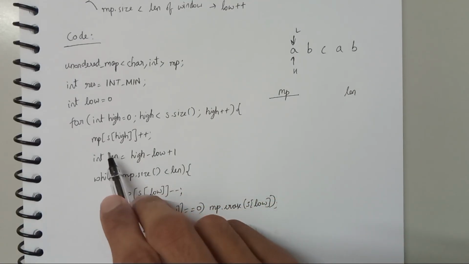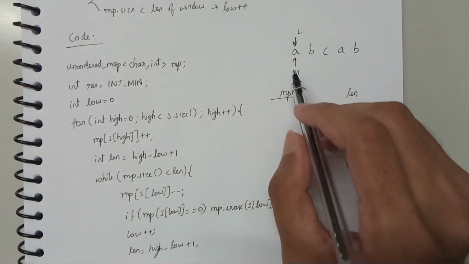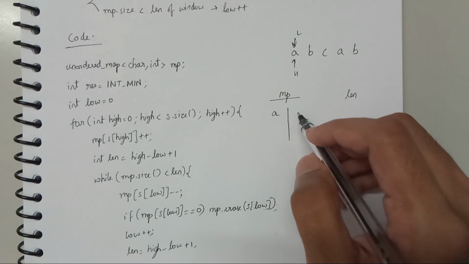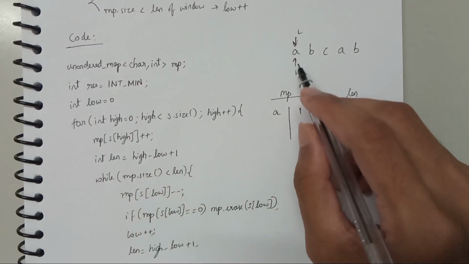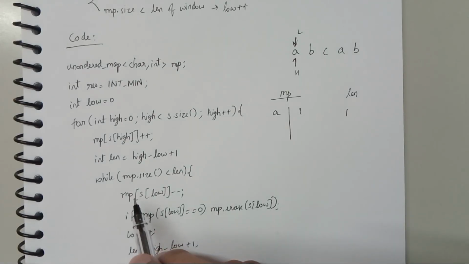Now the first step, we include it in the hash map. So mp of s of high plus plus, so s of high will be a and the count of a will be 1. Now we calculate the length, initially the length is 1.